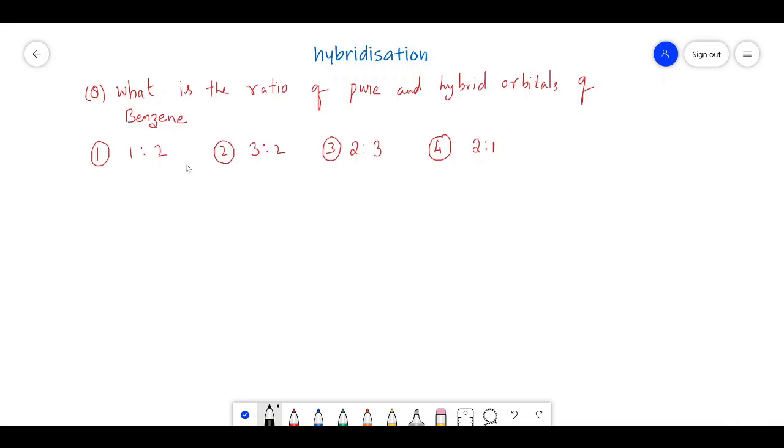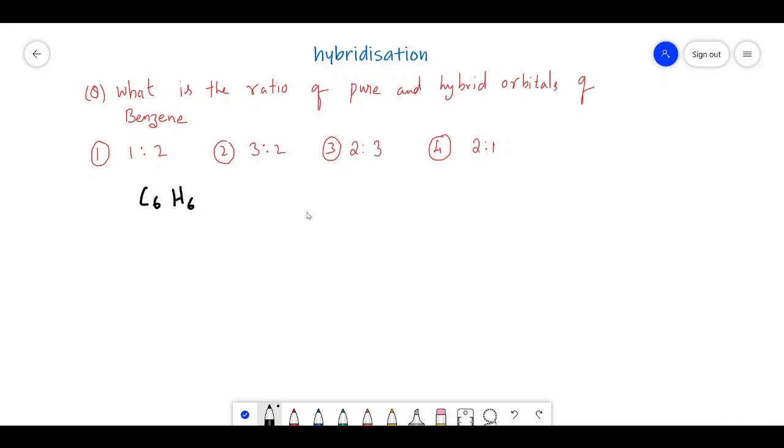Let us see this question. What is the ratio of pure and hybrid orbitals of benzene? And these are the options given. So first let us write the structure of benzene. What is the formula of benzene? It is C6H6.